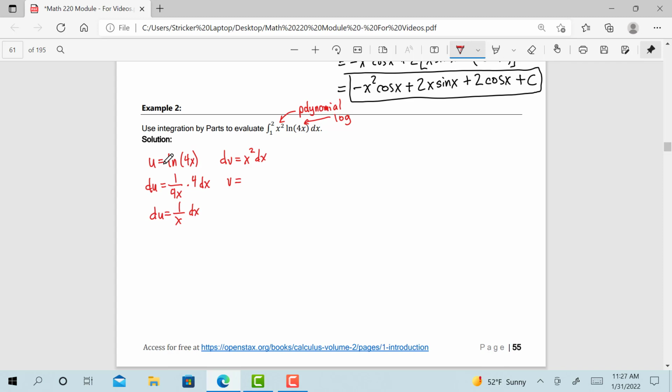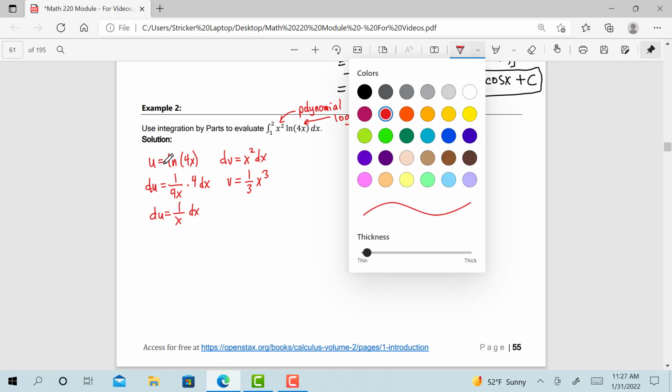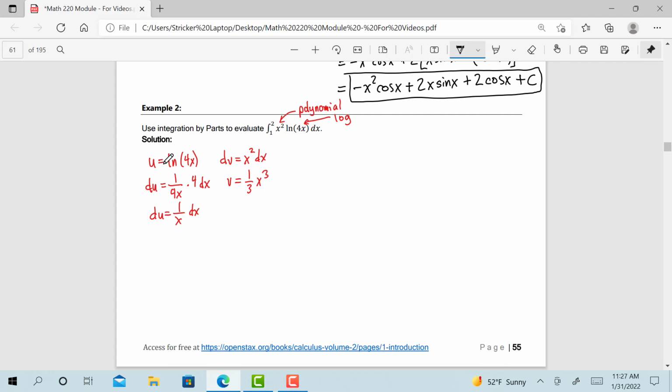Integrating the right-hand side, we get 1/3 times x cubed. And so now we can go ahead and work out our integration by parts. I'm going to rewrite this. We have the integral from 1 to 2 of x squared times the natural log of 4x dx.